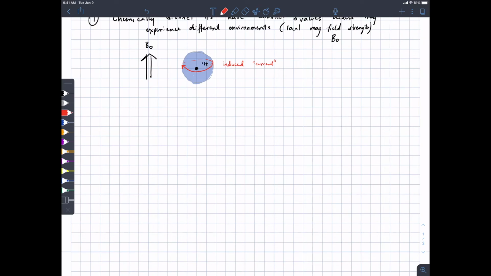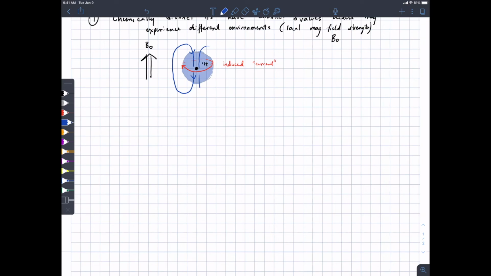So if you apply the same right-handed rule to the motion of that current, what you would conclude is that the electrons surrounding the proton generate their own magnetic field in response to the external magnetic field.